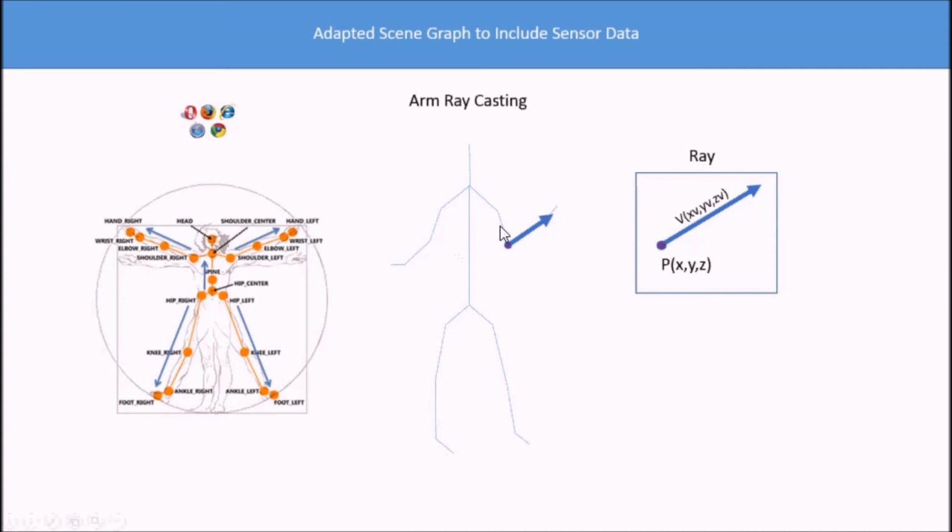In this application, I have used a ray starting on the right elbow joint and following the direction vector that goes from the right elbow joint to the right wrist joint.